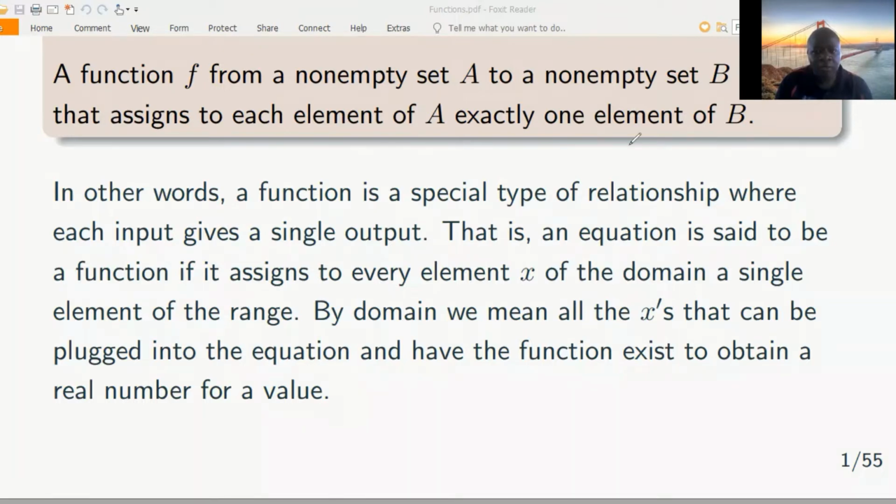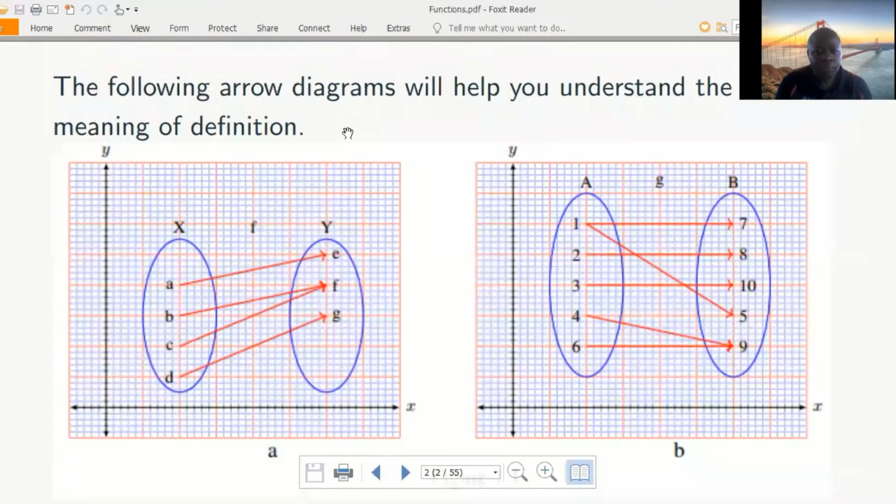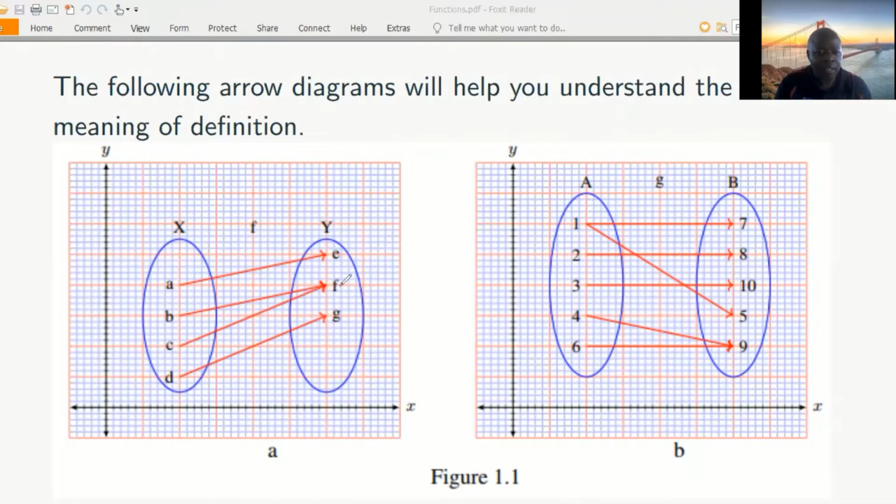Now, let me show you by use of a diagram what that is. I've used this arrow diagram to help you understand what a function is. Look, this is set x. Set x has the elements a, b, c, d. And then we have set y, which has elements e, f, g.